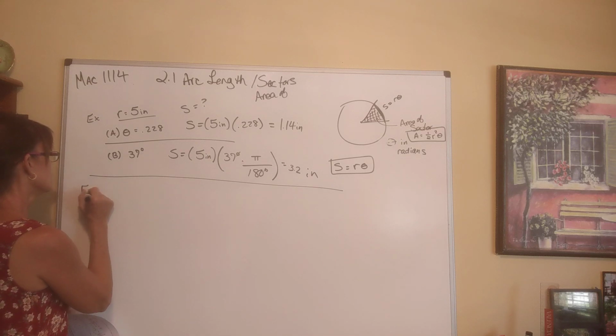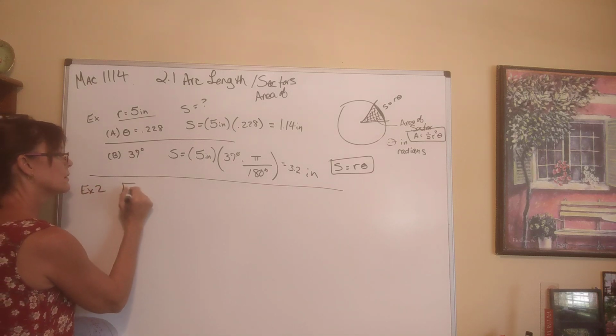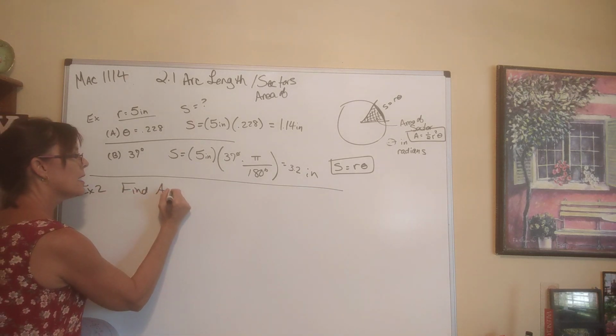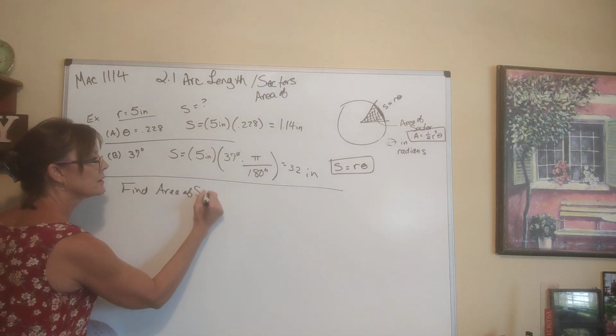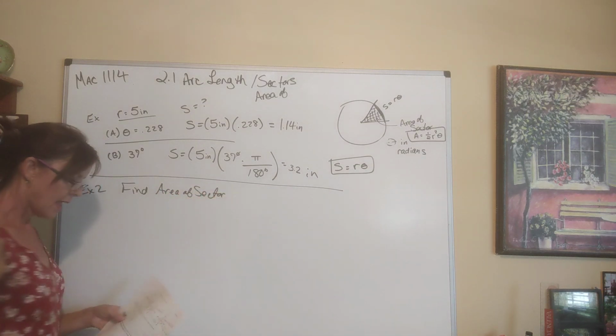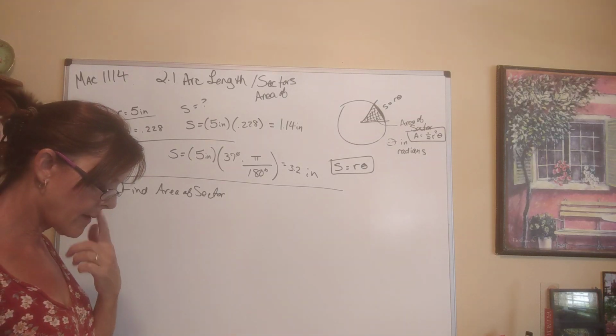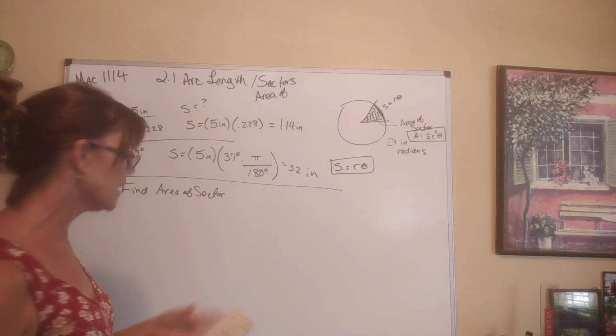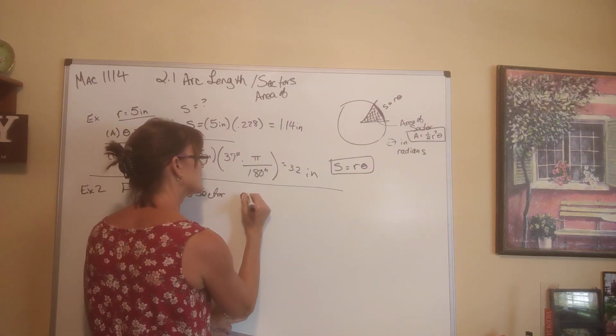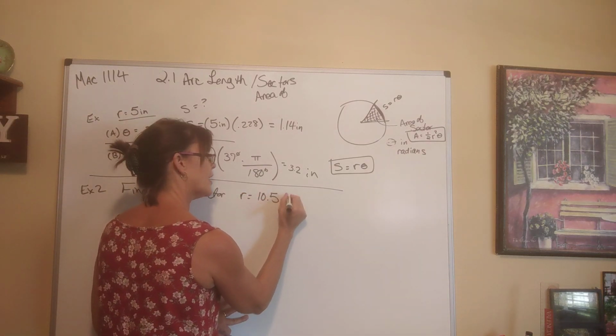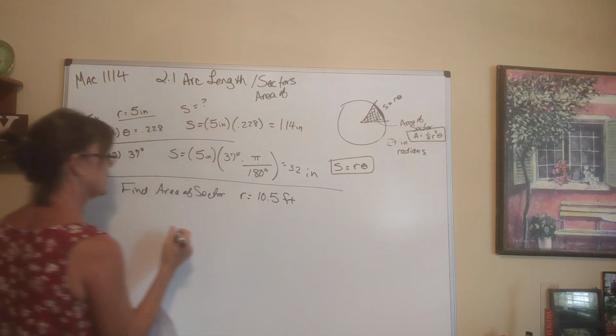All right, let's do the second example, which says find the area of the sector, with the given central angle and a radius of 10.5 feet. And we're going to find the area of the sector.